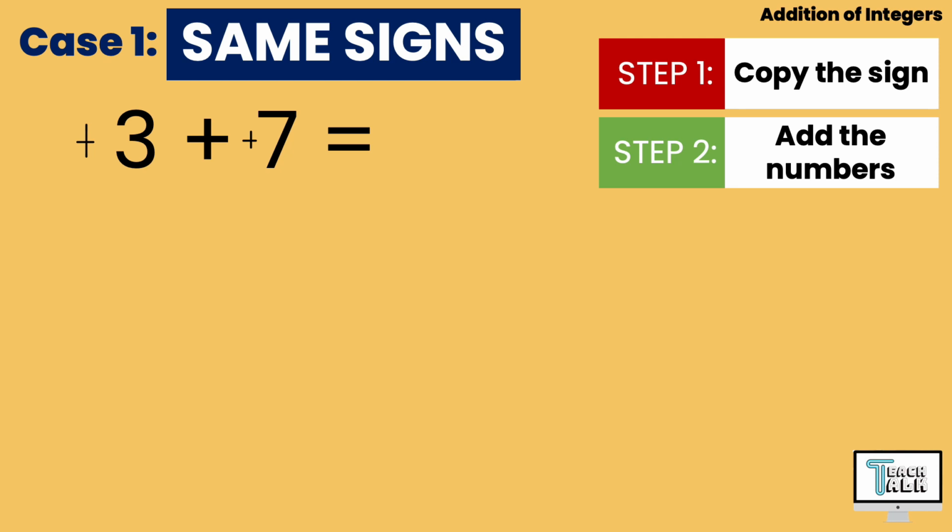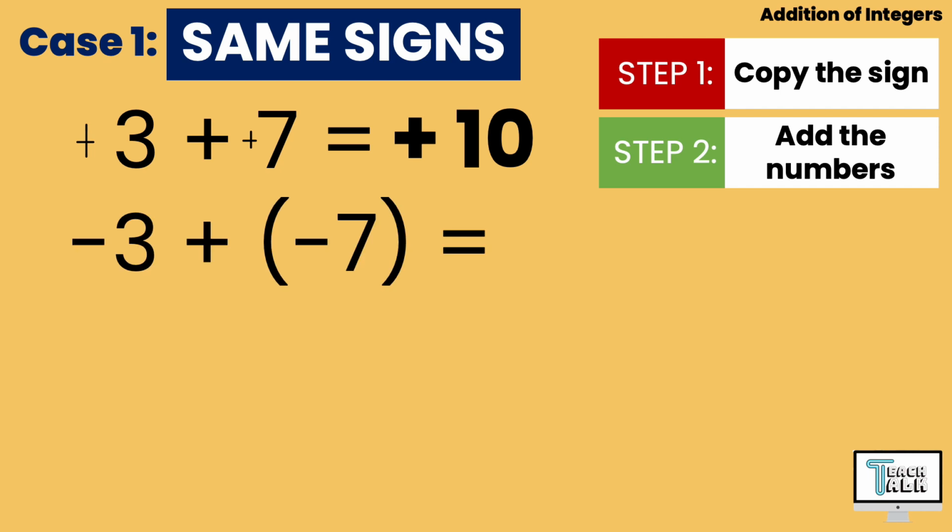Now, ano yung step 1 natin kapag same signs? Copy the sign. So, positive plus positive, that is positive also. Second step, add the numbers. 3 plus 7, that is 10. Therefore, when we add 3 plus 7 or positive 3 plus positive 7, that is positive 10 or simply 10 na lang. Pwede nating tanggalin na lang si positive kasi understood to be positive na yan. Okay? Again, the answer is positive 10 or 10.